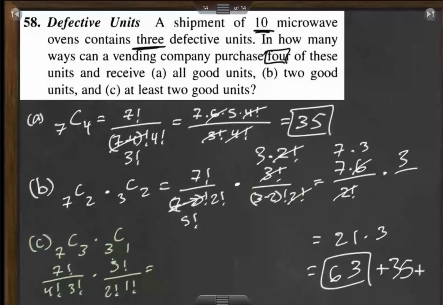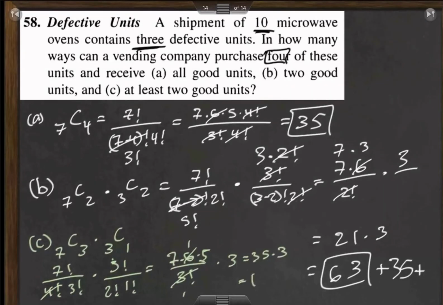And then for this one, let's write stuff out: 7 times 6 times 5, and the 4 factorial is going to cancel out. On the bottom, we just have a 3 factorial, which we know is 6. So we have 7 times 5 times 3. 7 times 5 is 35, times 3 is 105.